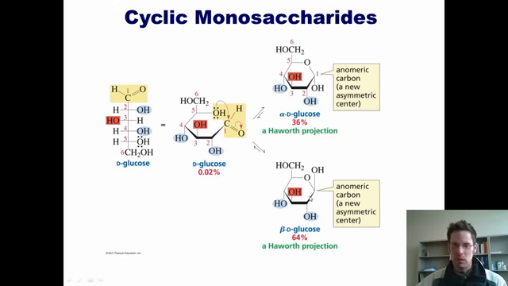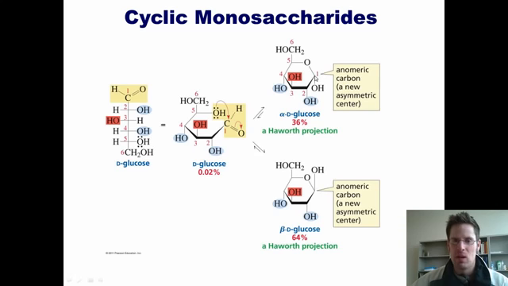Technically, anomers, like those shown here, are also epimers. However, we like to make up new terms for you guys to memorize for no reason. So we use the word anomer to refer specifically to epimers of sugars that differ stereochemically at the anomeric carbon.